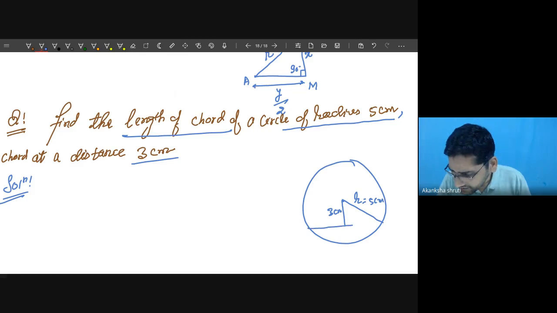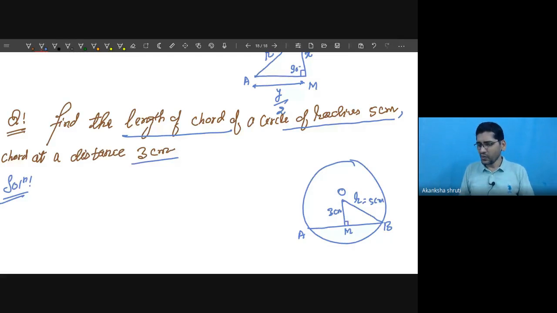And with this, a chord is drawn. We have to find the chord length AB, when the center is O and this is M. So this OM is given here. What is given here? We can write OB is equal to radius. This is 5 centimeter.